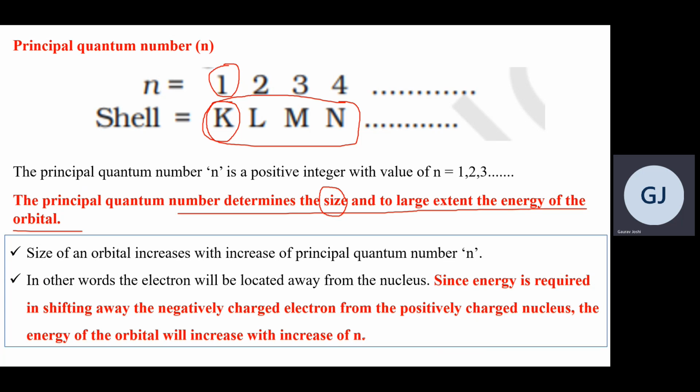So if you are trying to remove the electron, it becomes easier to remove it from the last shells. As we go to a higher number of n, it becomes easier to pull the electron away, because there will be a lesser amount of electrostatic energy. So this is the thing.